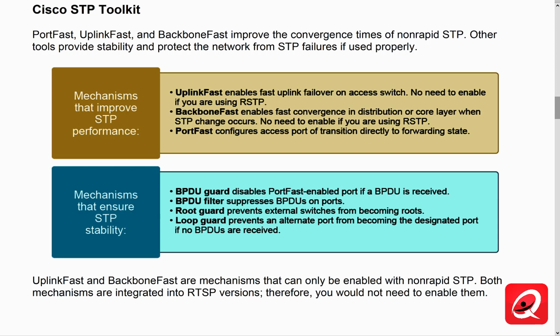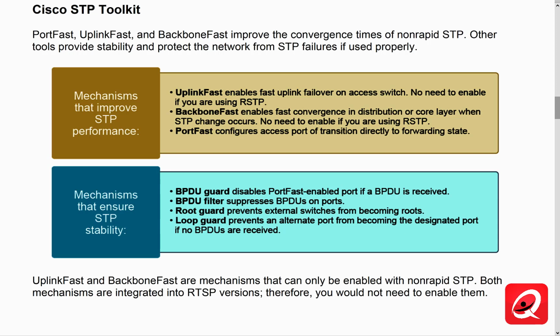Now, BPDU Guard is a tool that we would definitely use, and it can be implemented either statically on the interface. Most of these features can either be enabled on the interface or enabled globally. Well, with the exception of Root Guard, that's always done on the interface, and Loop Guard. But BPDU Guard is a tool that allows us to protect against somebody sending superior BPDUs to an interface.